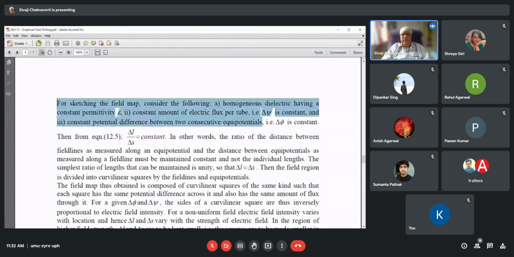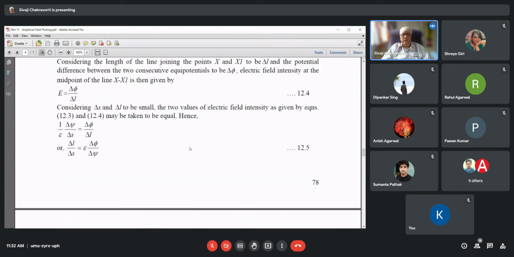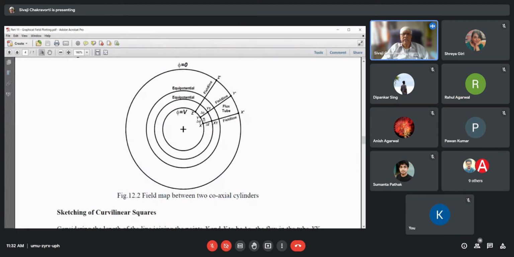For sketching the field map, we are considering a homogeneous dielectric having a constant permittivity, and a constant amount of electric flux per tube, that is, del psi we are keeping constant, taking the lengths between x and y the same along the entire live electrode. Then I can safely assume that this flux will be the same.